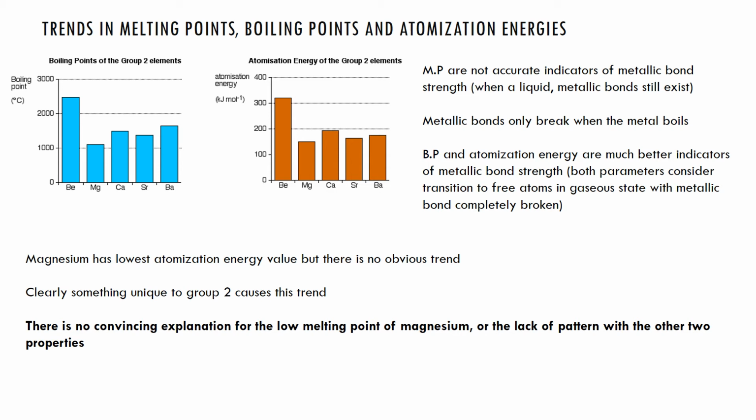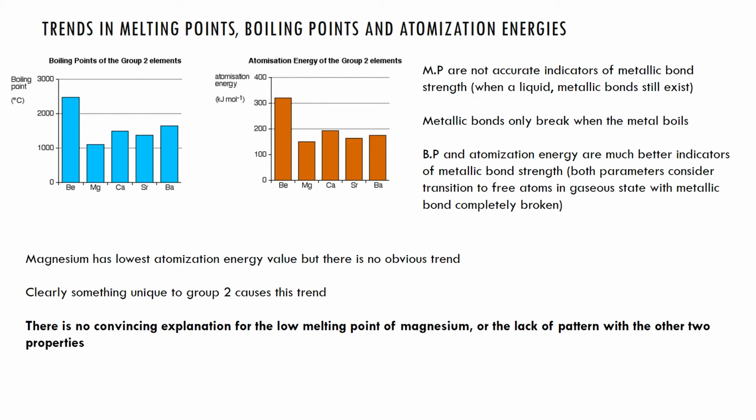Now there's obviously something unique to the group 2 metals that causes this trend, but the actual answer is that there's not really any convincing explanation for why we gain this low melting point at magnesium, or indeed why we gain a seemingly random array of boiling points and atomization energies for the group 2 elements. So the short, easy answer is that no one knows why this trend exists.